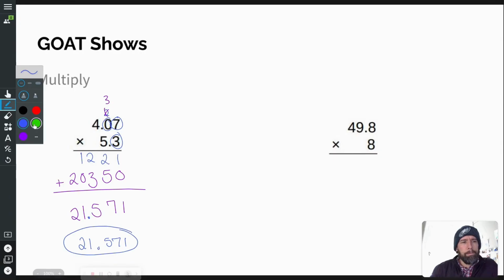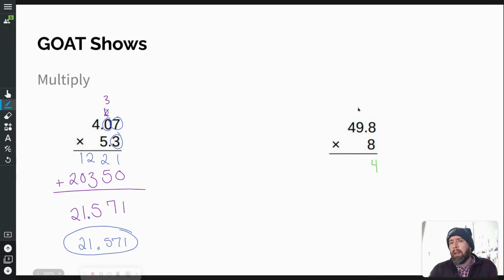All right. This one won't be so bad, just a lot of carrying over. 8 times 8 is 64, so put a 4 there, carry the 6. 8 times 9 is 72. 72 plus 6 is 78, so carry the 7. 8 times 4 is 32. 32 plus 7 is 39.